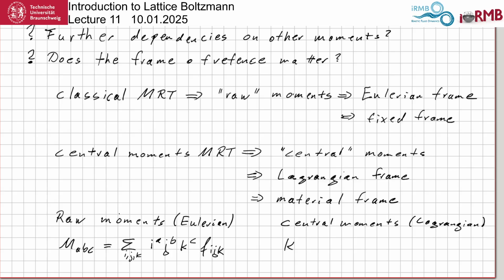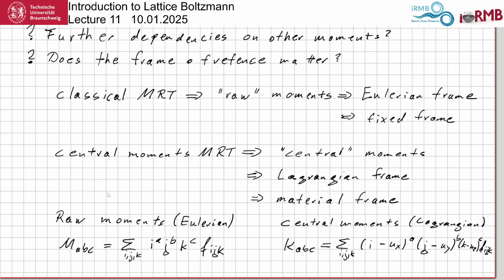To distinguish them from the raw moments, we use the letter K. K_abc is the sum over i, j, and k, of (i minus ux) to the power of a, (j minus uy) to the power of b, and (k minus uz) to the power of c, into f_ijk.